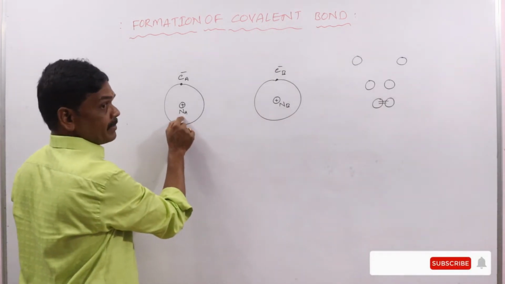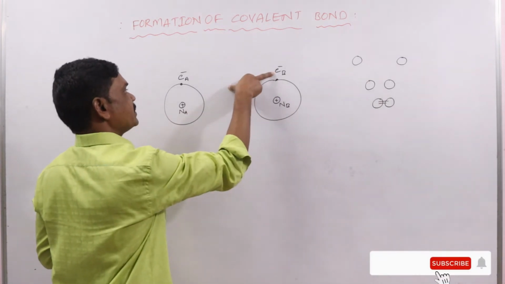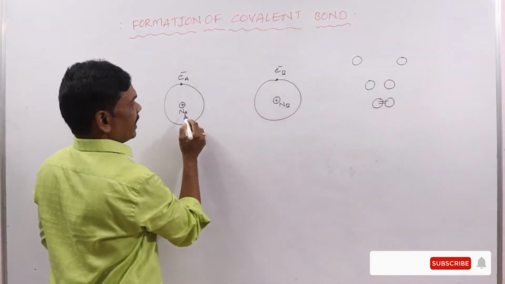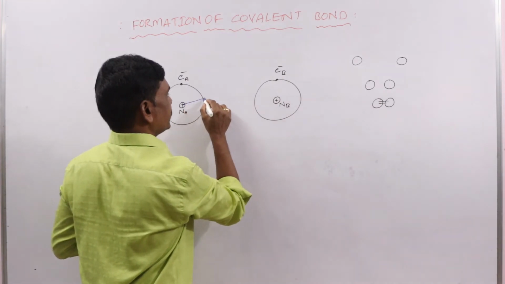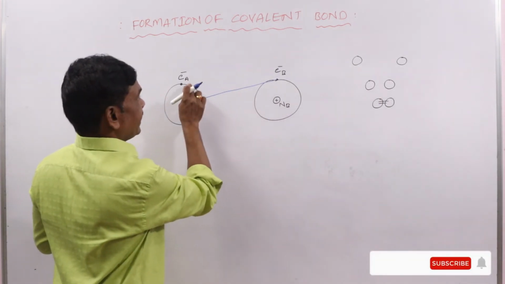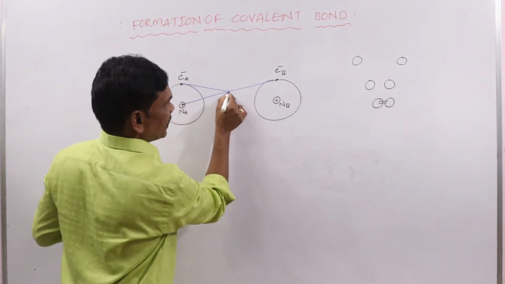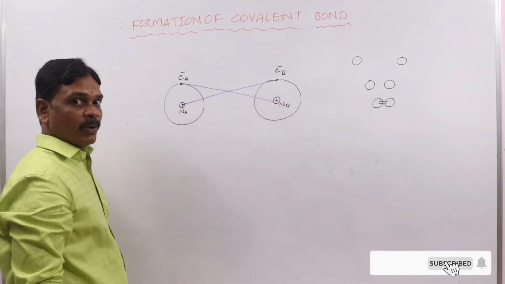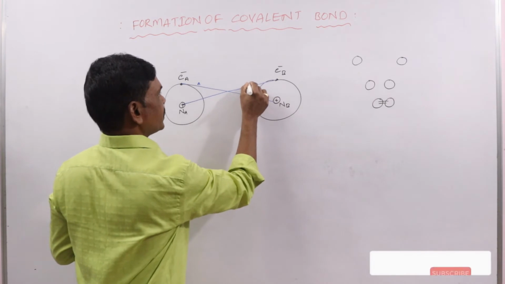This is the nucleus of atom A and this is the electron of atom B. These two are oppositely charged, so there is an attraction. Likewise, the nucleus of atom B and the electron of atom A are also oppositely charged, so there is also attraction. These are attractive forces.